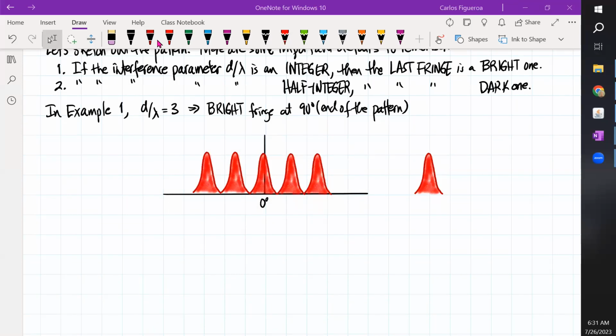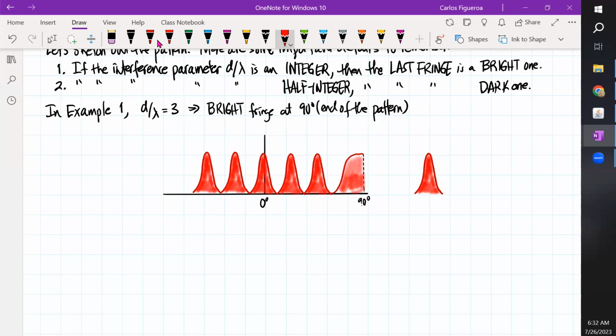This last fringe is going to be different here because it has to end at 90 degrees. So I'm going to attempt to draw this. It's going to come right here, and this fringe is at 90 degrees.